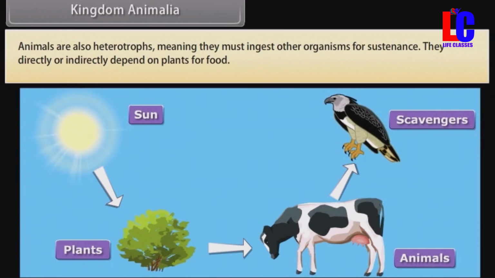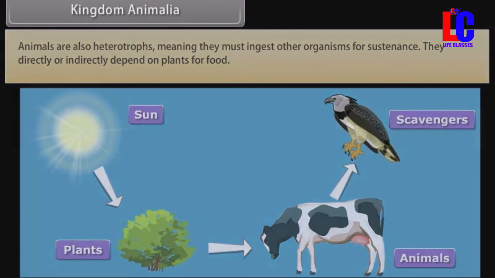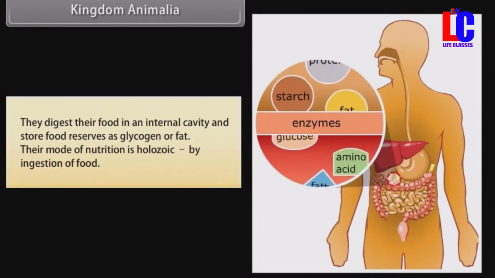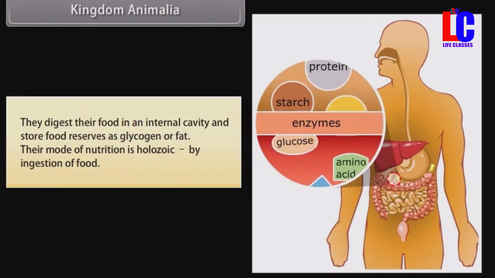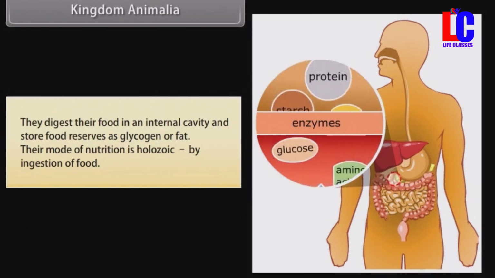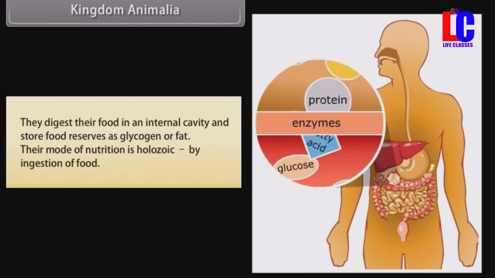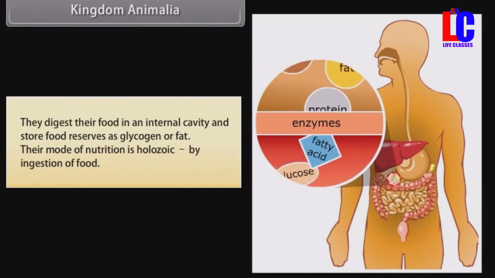They directly or indirectly depend on plants for food. They digest their food in an internal cavity and store food reserves as glycogen or fat. Their mode of nutrition is holozoic, by ingestion of food.